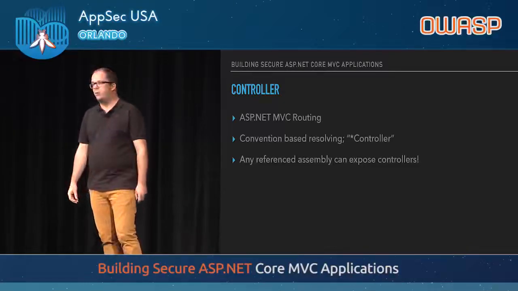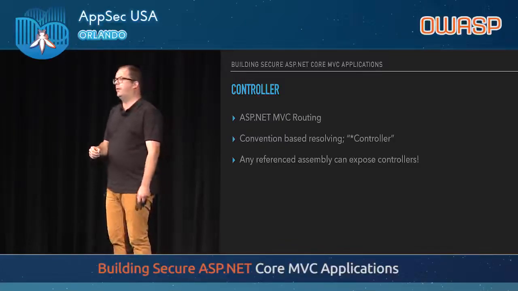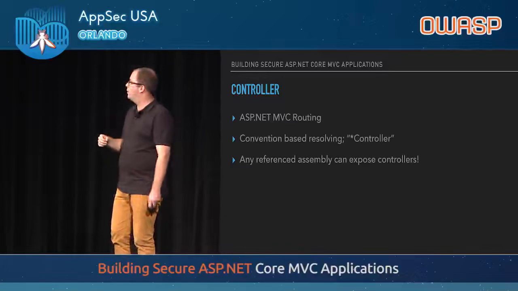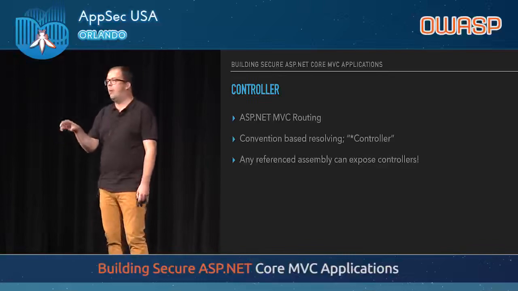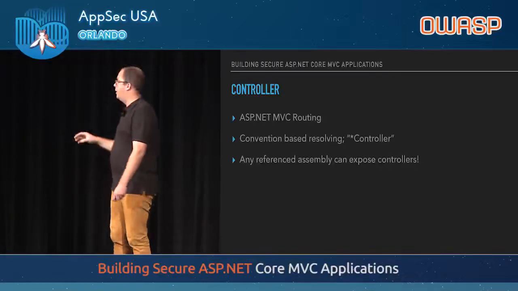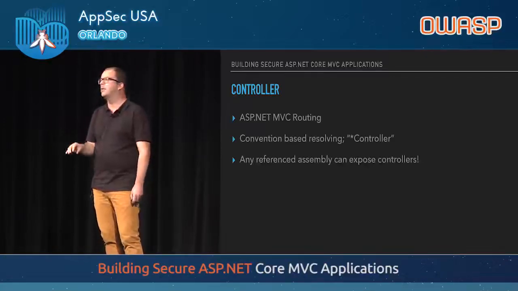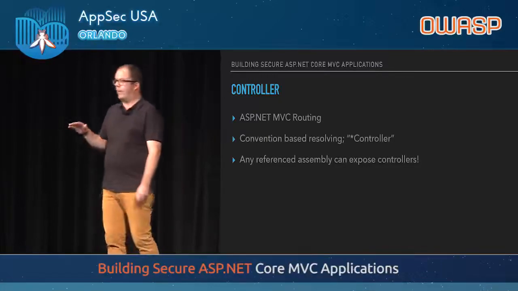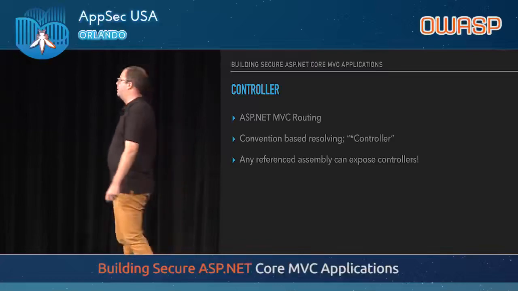I think it's good to limit the controllers and the way that the application will find them. Within ConfigureServices, there is the ability to grab the application parts manager, and that one is responsible for resolving all the controllers. And you can limit it. I've got an implementation in the test app. You will see that I say, okay, only these namespaces are allowed to deliver controllers. It's not completely locking it down, but at least you know, okay, this is what I would expect.